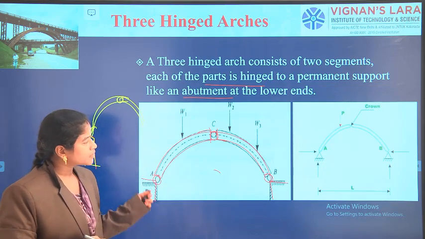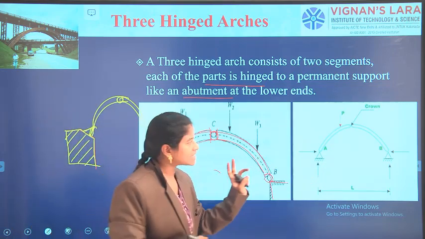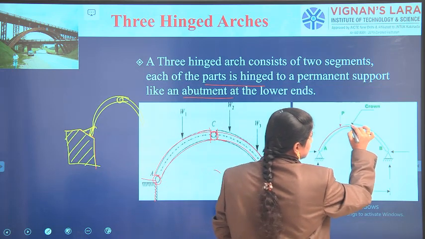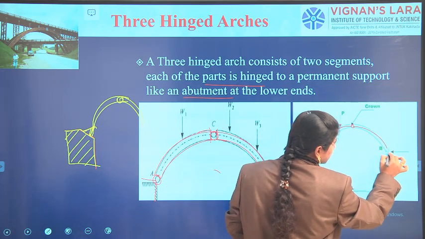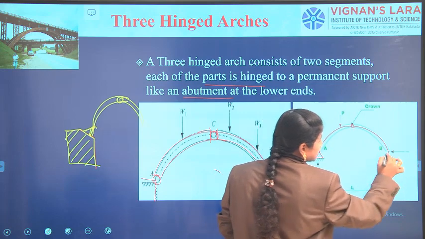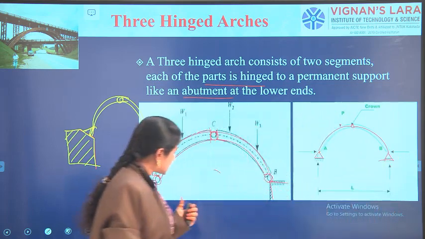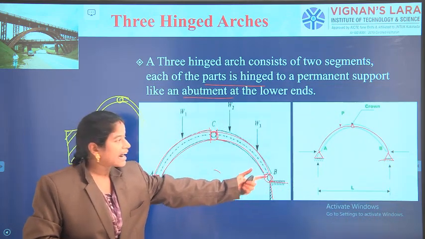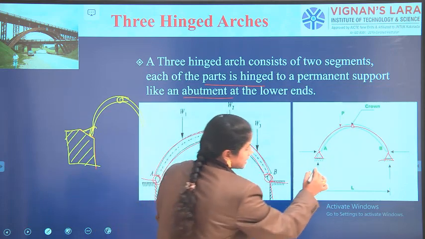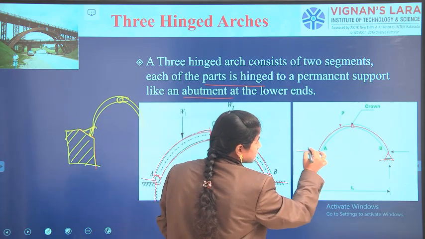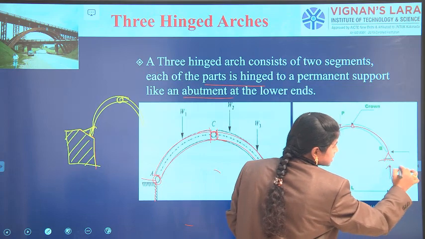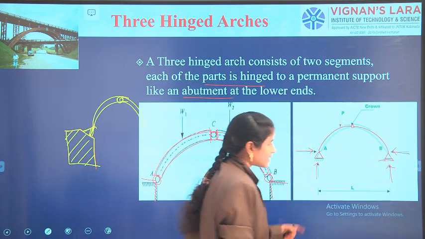Right? So, this is another indication, a simple line diagram indicating two segments connected with a crown, and at the bottom there is a hinge. This is the general application, and this we indicate when we need to write the reaction forces. See the arrows and the hinges.